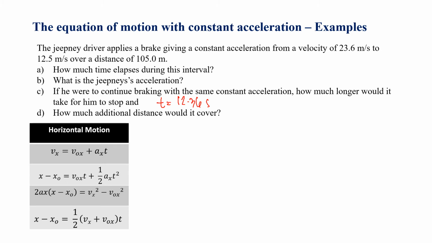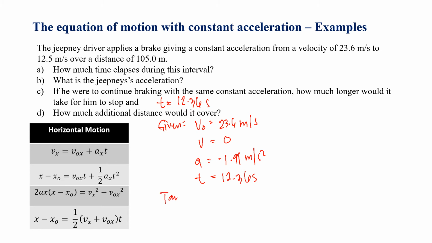We are given, again, your v naught equal to 23.6 meters per second. You have your v equal to 0, acceleration of negative 1.91 meters per second squared, and then we have now the time t, which is equal to 12.36 seconds.